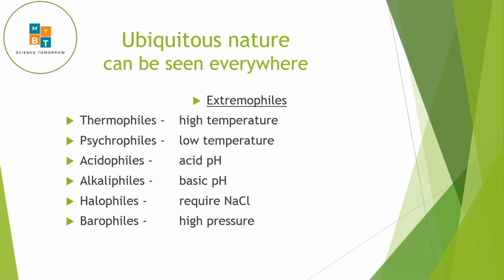Barophiles tolerate high pressure. Like this, microorganisms have a ubiquitous nature. That means they can be seen everywhere. In our body, we have more microorganisms than our body cells, in and on our body.